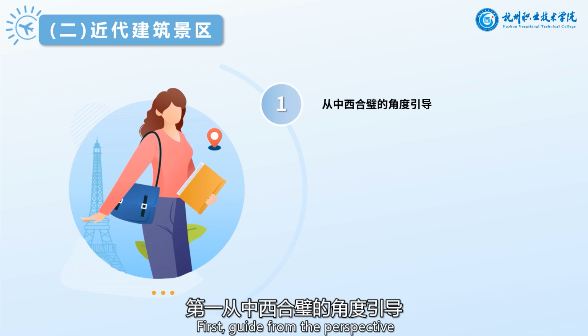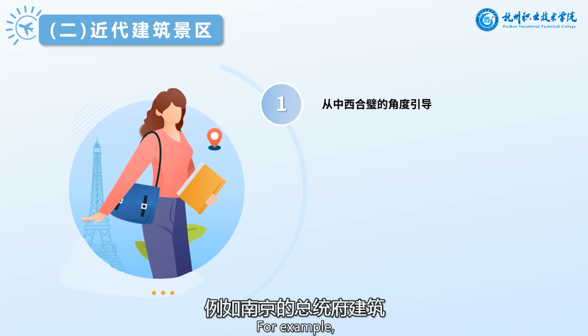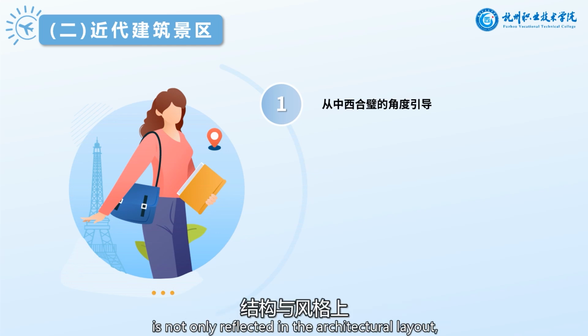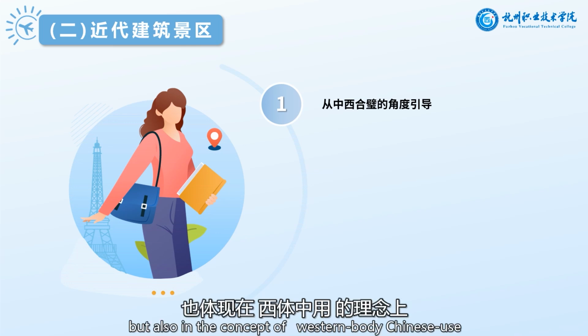First, guide from the perspective of combination of Chinese and Western elements. For example, the architecture of the presidential palace in Nanjing. Its combination of Chinese and Western elements is not only reflected in the architectural layout, structure, and style, but also in the concept of Western body Chinese use.